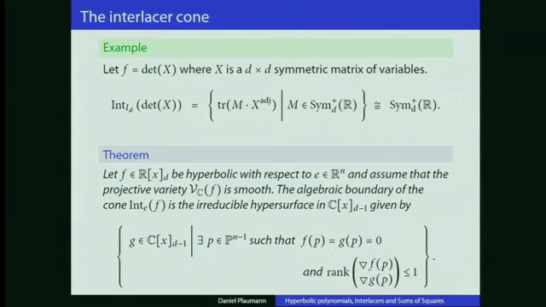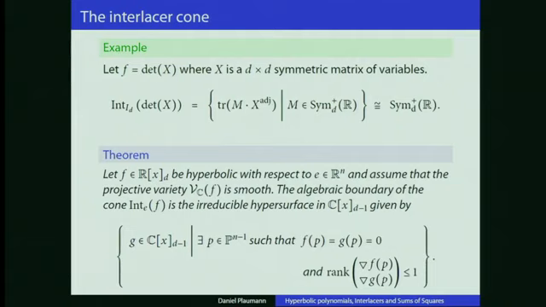And this is fairly simple in the smooth case. Again, with the usual assumptions, if we look at algebraic boundaries, we forget the real numbers, and we have to make a smoothness assumption. We pass to C. If you look at the algebraic boundary of the cone of interlacers in the space of complex polynomials of degree d minus 1, then it's this description.